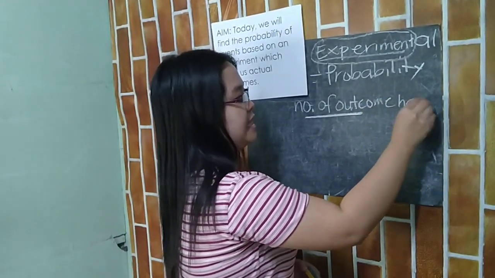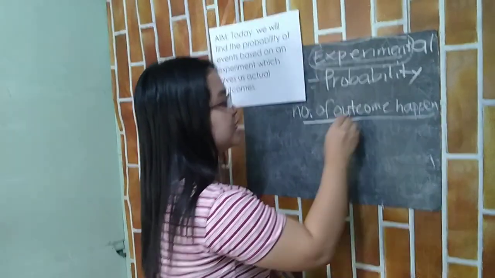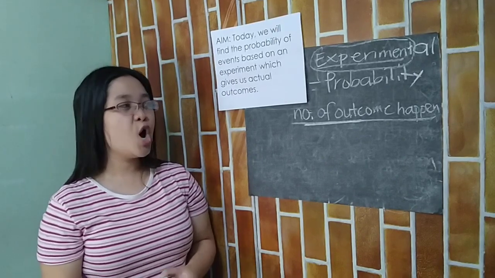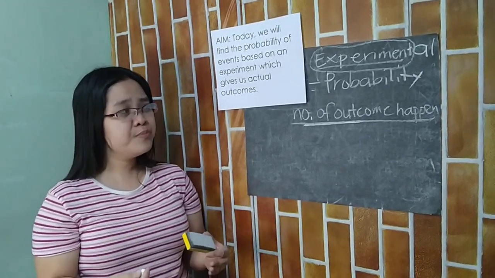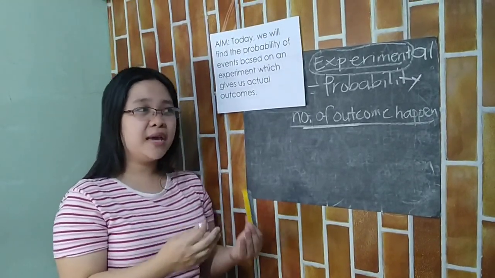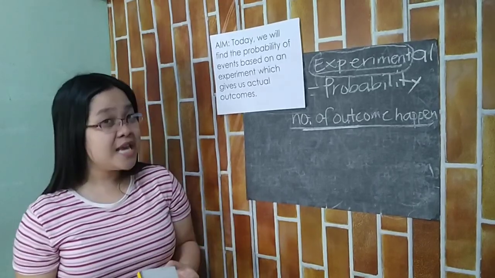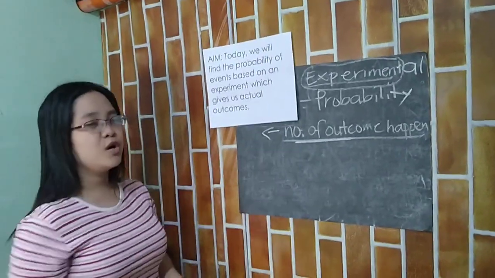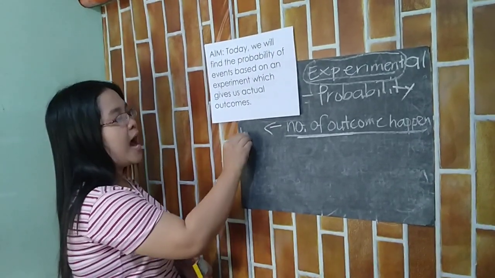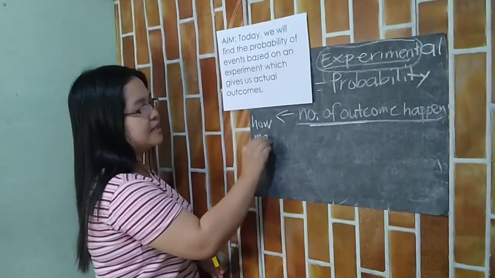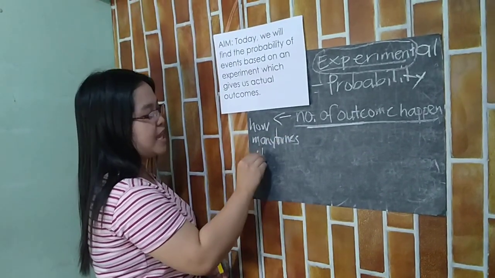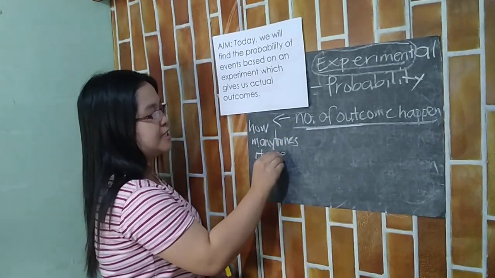It is the number of outcome happen on the experiment that we conducted, or how many times it appears in our experiment.